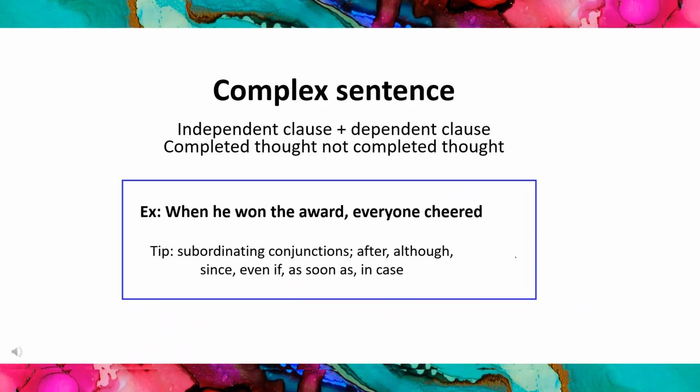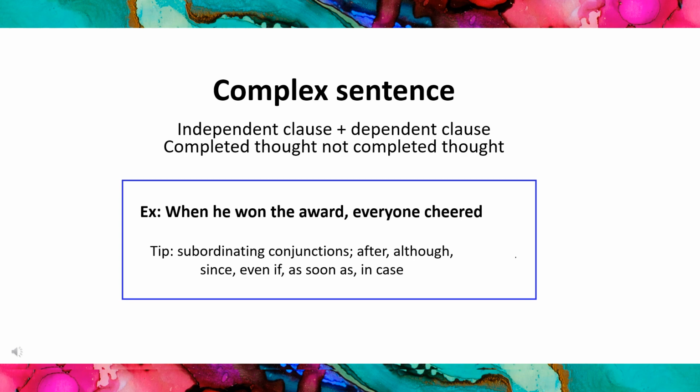Third, we have the complex sentence. The complex sentence contains an independent clause plus a dependent clause. The independent clause is the completed thought, plus the not completed thought, which is the dependent clause. Example: when he won the award, everyone cheered. Here we have the dependent clause, which is when he won the award, that can't stand alone, plus everyone cheered, which is the independent clause that can stand alone.